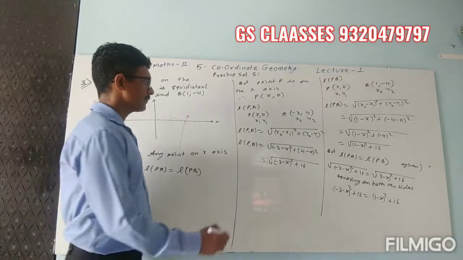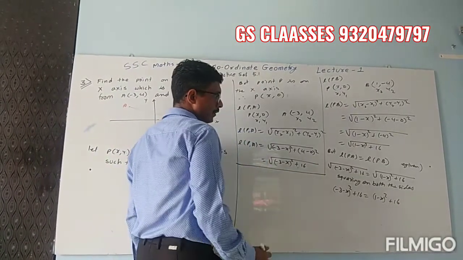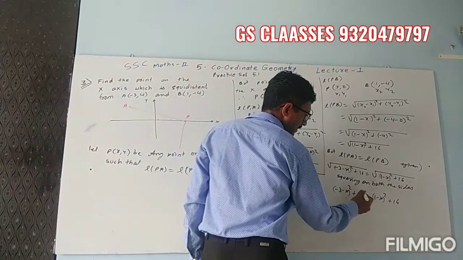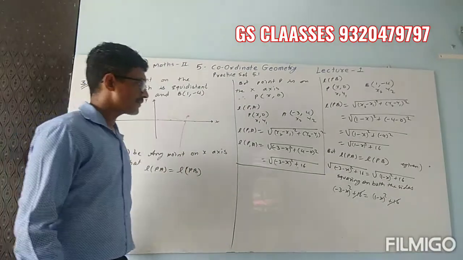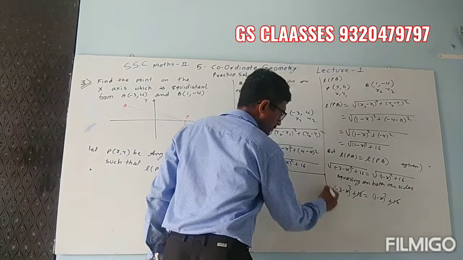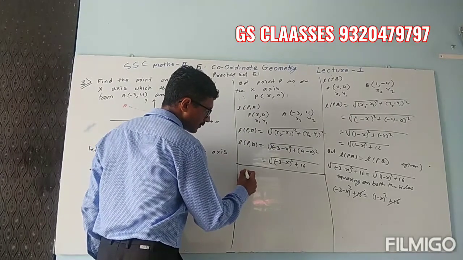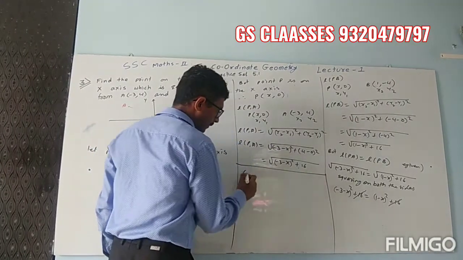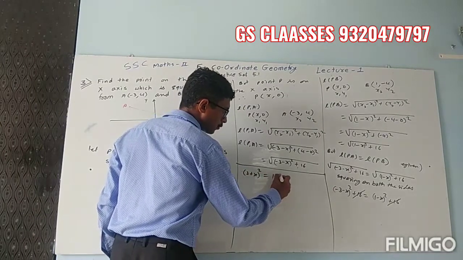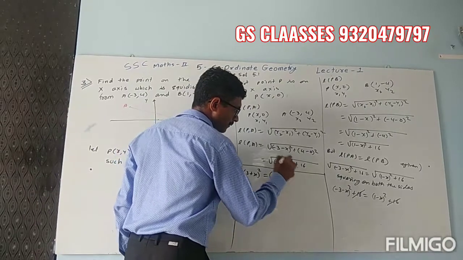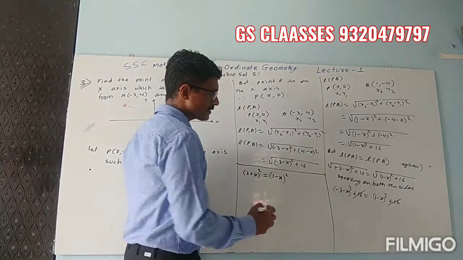Now children, 16 and 16 will get cancelled because both are positive and both are on both sides. So here it becomes, taking minus outside, this value will become 3 plus x square equals 1 minus x square. How does it become like this? I will take one step.